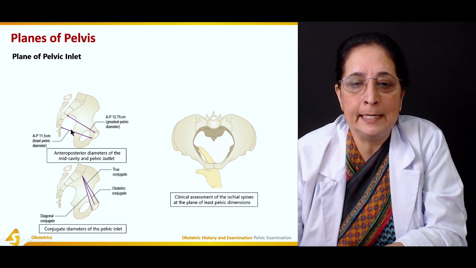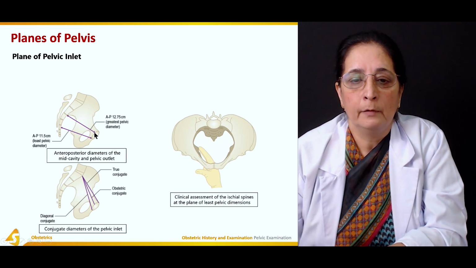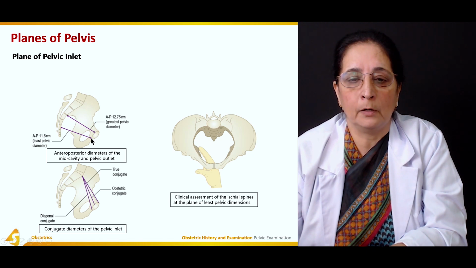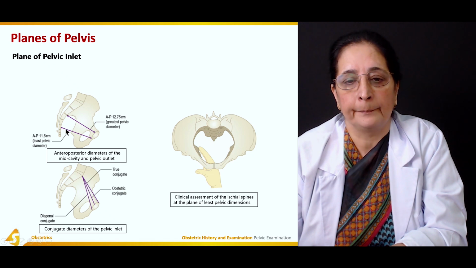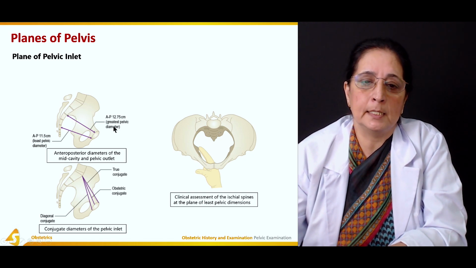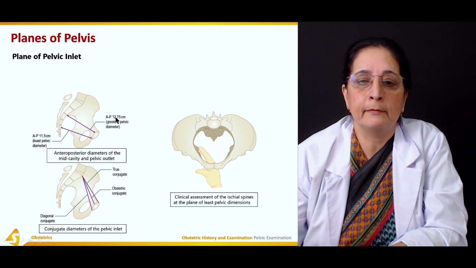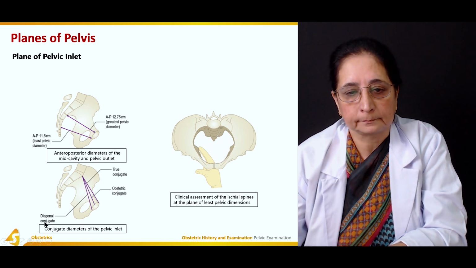Here, this is the least pelvic diameter which forms from the lower part of the symphysis pubis to the sacrum. And this is from the middle part of the pubic symphysis to the sacrum. The greatest pelvic diameter is about 12.75 centimeter.